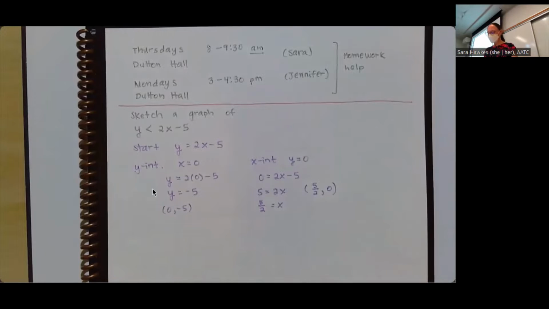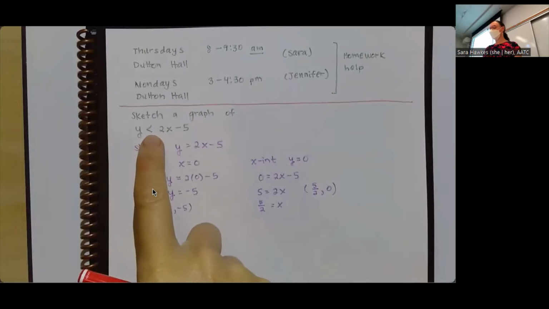Because when we list the coordinates, we're always putting the x value first and the y value second. Now, when we graph inequalities, kind of like when we were graphing inequalities on a number line with numbers, we had to pay attention to whether this has that or equal to bar or not, right?